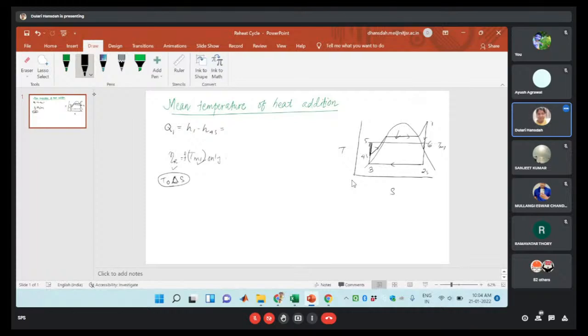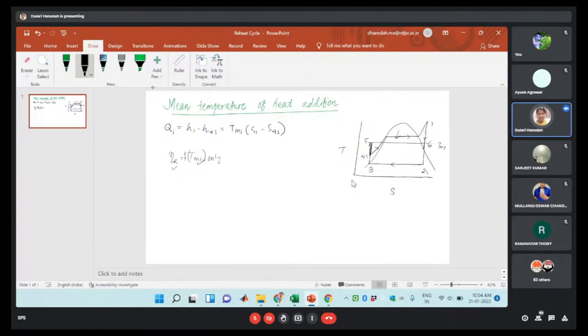What is Q1 in this case? We represent Q1 in terms of the mean temperature Tm1. So the heat addition I can write as Tm1 into S1 minus S4s. This is the useful work we can say.